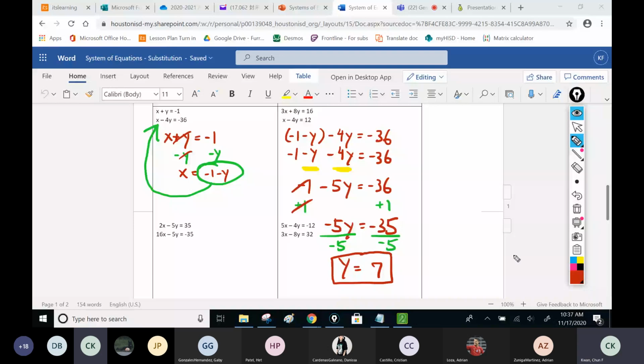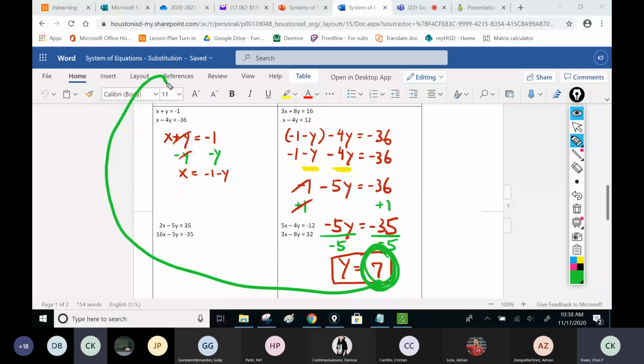So y equals 7. And after you solve for one of them, all right, you know y is 7. So you're going to plug it back into either equation. But I'm going to pick the first one because it looks easier.